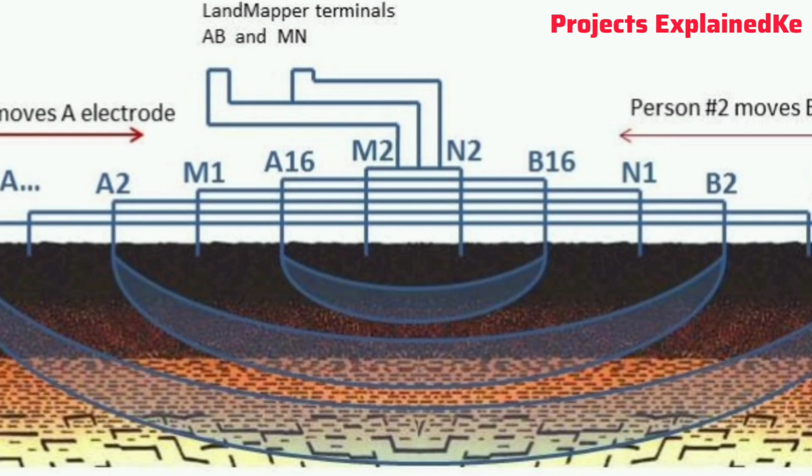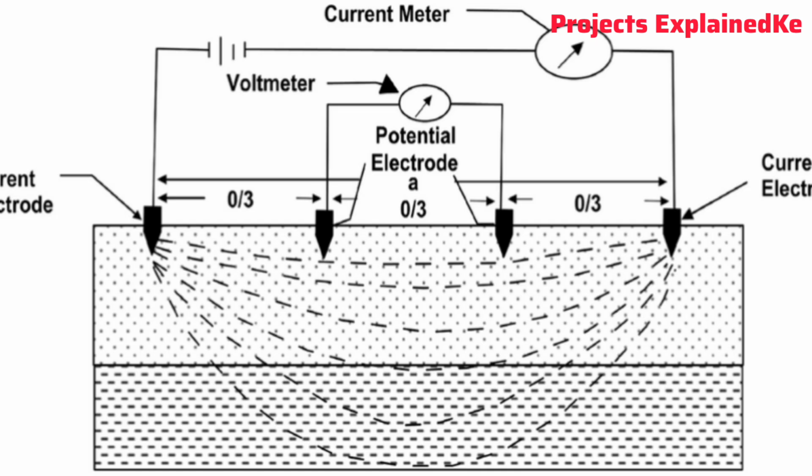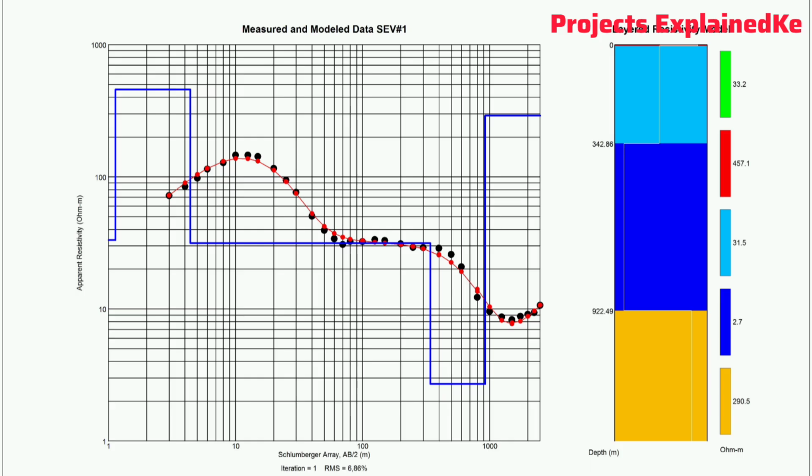If you vary the electrode 10 meters horizontally, it means you also varied 10 meters vertically. So by varying the spacing of the electrodes, you can create a profile of how resistivity changes with depth.